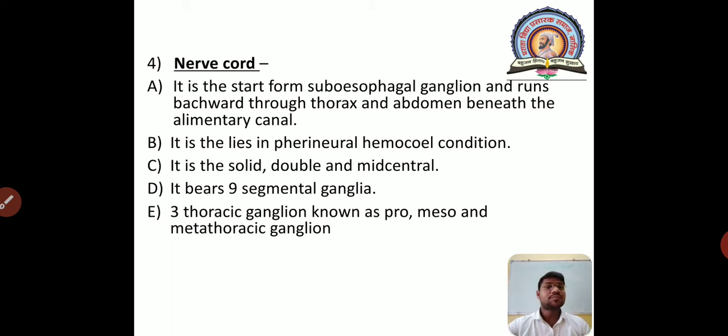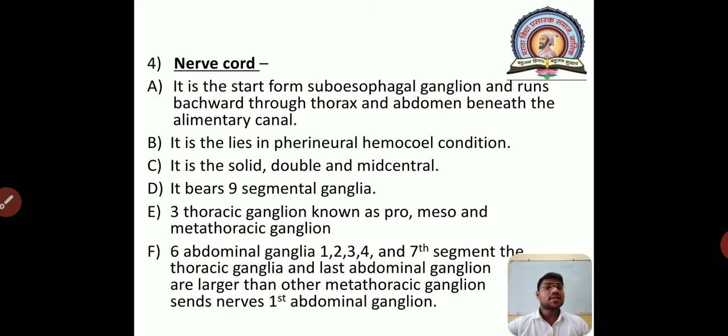The 9 segmental ganglia include 3 thoracic ganglia known as the pro-, meso- and metathoracic ganglia, present in the middle part of the cockroach.